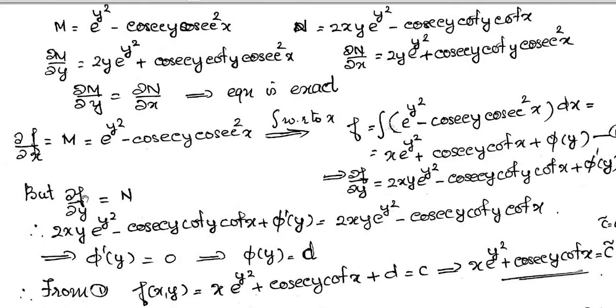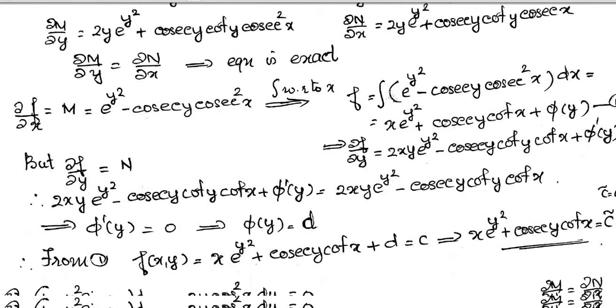Now since dou f by dou x is M and dou f by dou y is N, we need to differentiate this f with respect to y partially. So we get this expression and we get phi dash y.